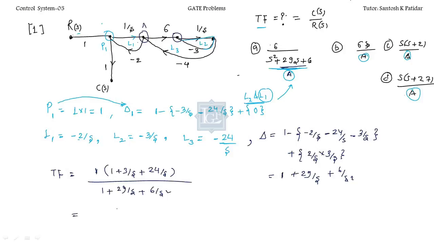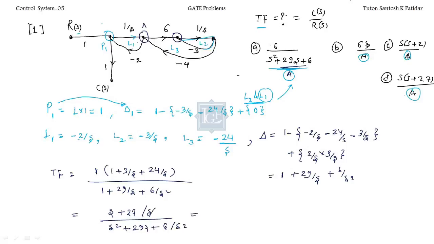Okay. So what you are getting is S. You will take LCM. S plus 27 by S is your numerator over here, and in the denominator you will get S square plus 29S plus 6 divided by S square.